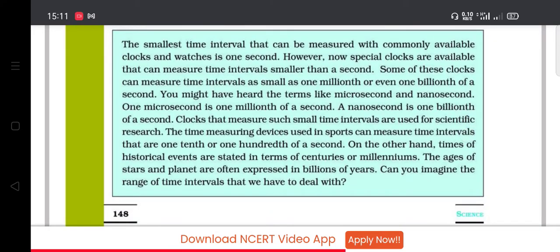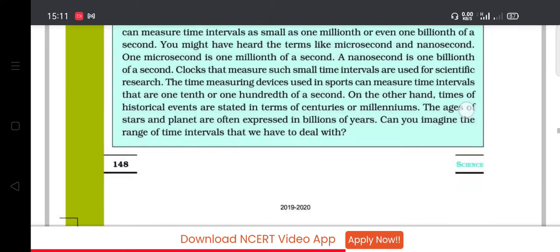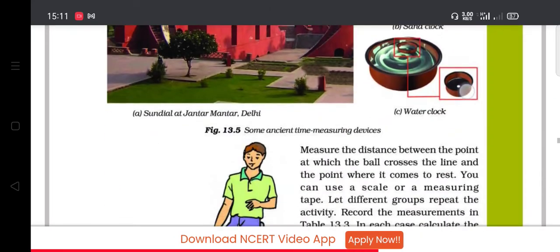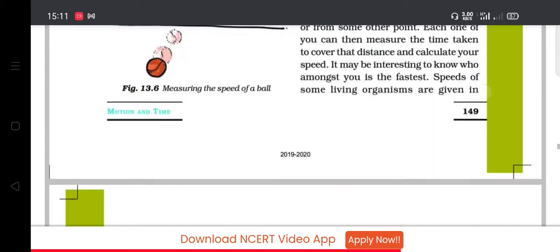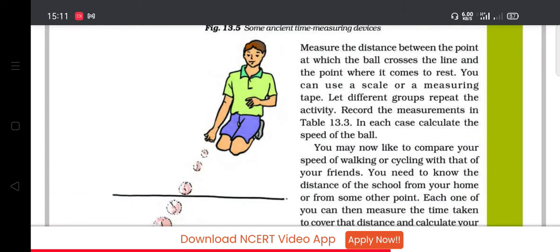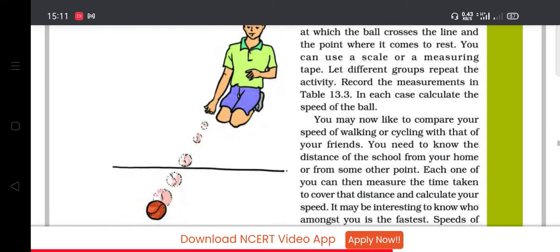Now you see, the smallest time interval that can be measured with a common clock. These different kinds of clocks are helping us to calculate time. But by this activity, if you measure the distance between the point at which the ball crosses the line and the point where it comes to rest, you can use a scale or a measuring tape.